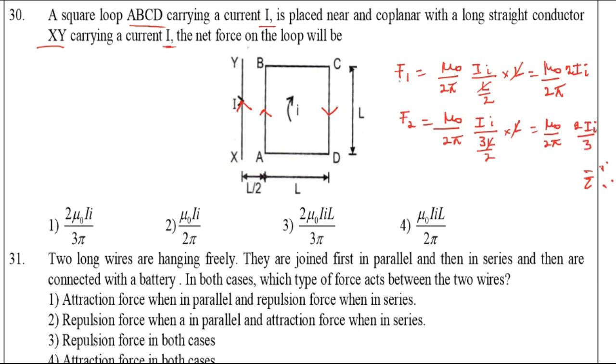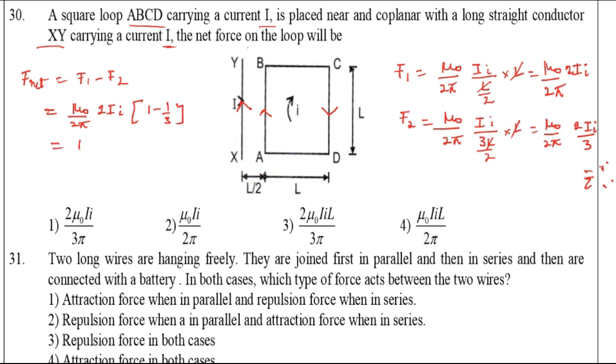Now, as we discussed, F1 and F2 are in opposite directions. F1 is attractive and F2 is repulsive. So the net force is F net equal to F1 minus F2. That is mu naught by 2 pi into 2I, taking common, into 1 minus 1 by 3.